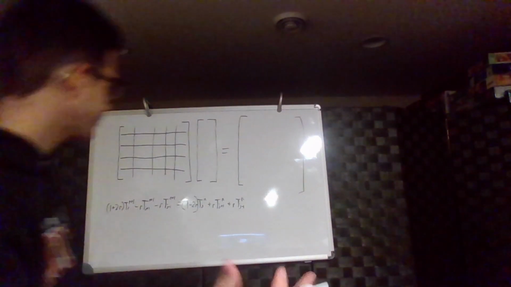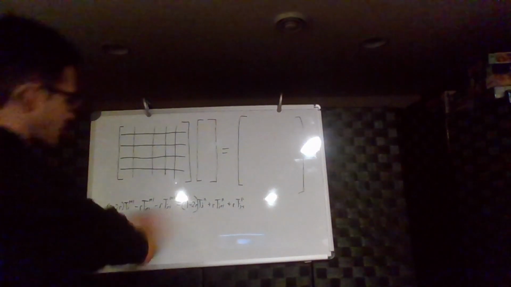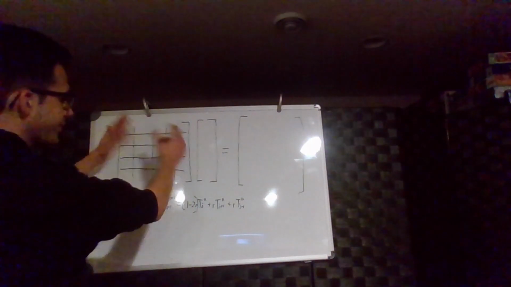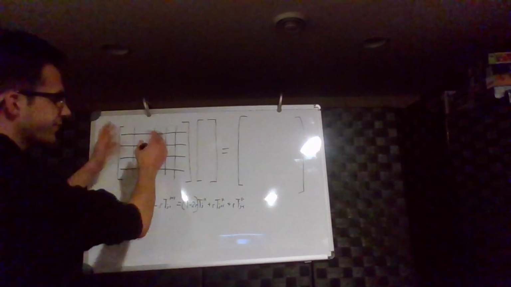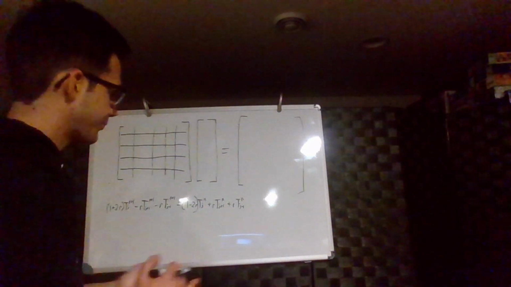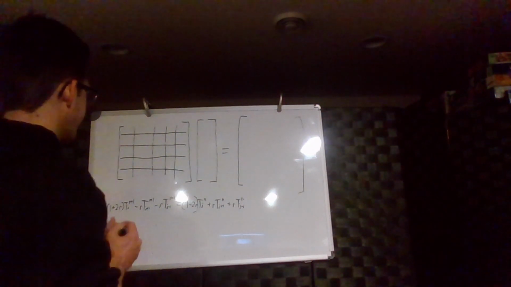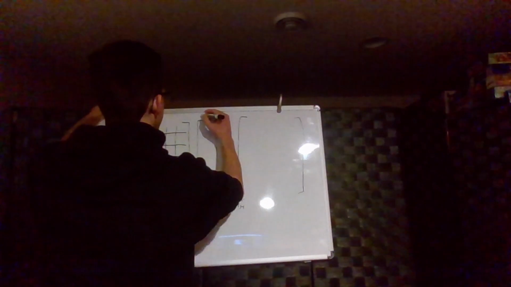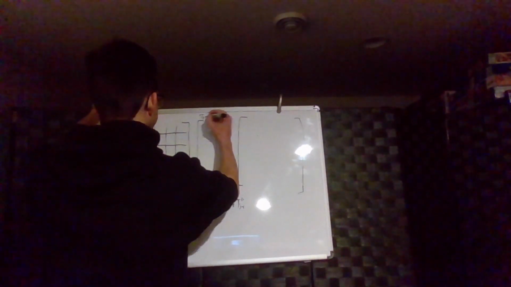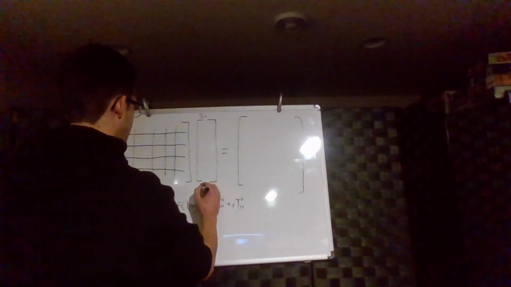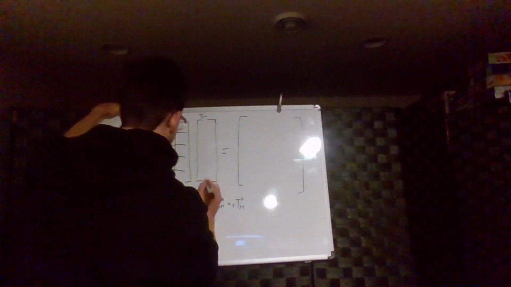So what we want to do now is we want to take this equation here and express it in matrix form. We want to express this as a set of equations in matrix form so that we can solve for some things. So this is going to be our TJ column. And let's elaborate on our boundary conditions real quick.